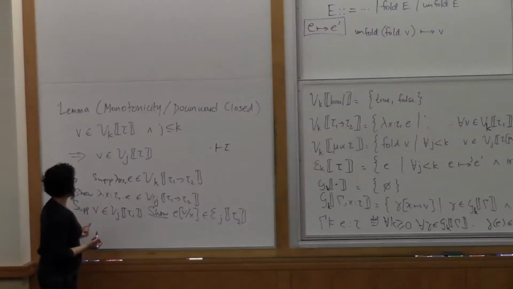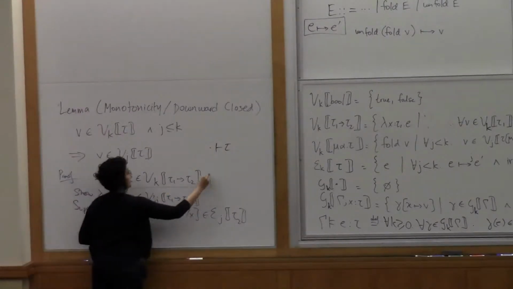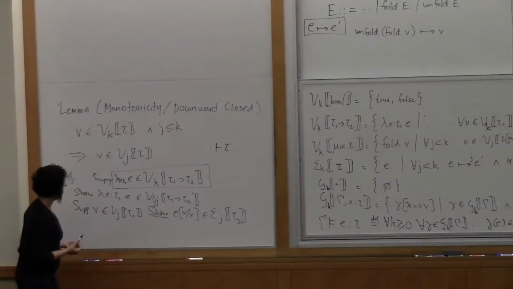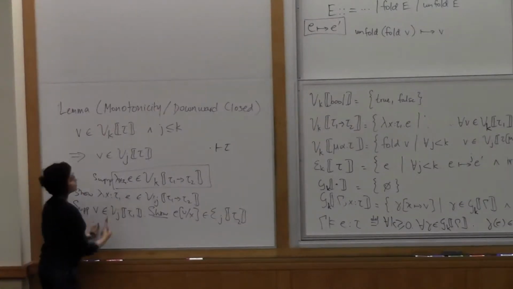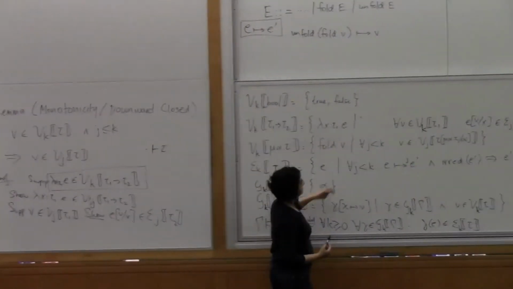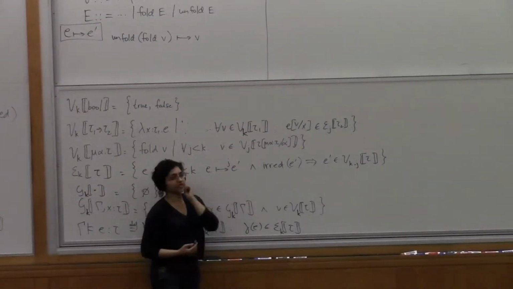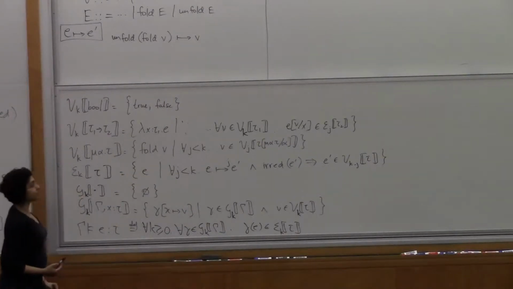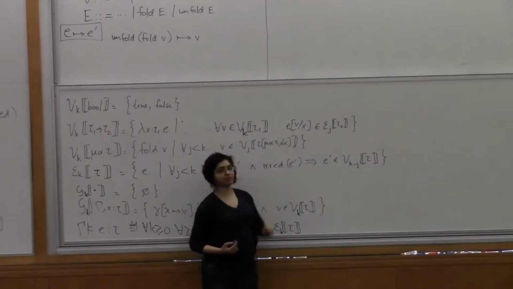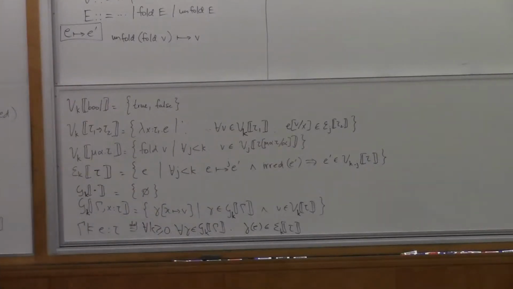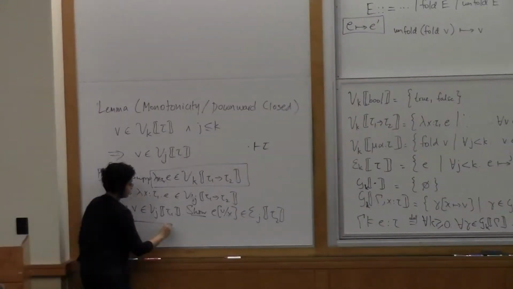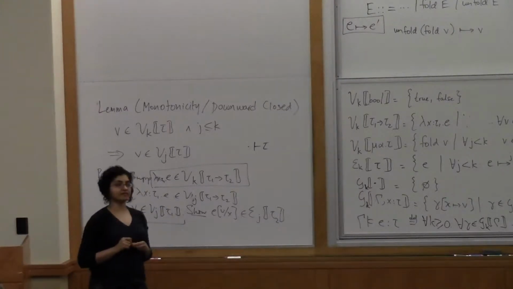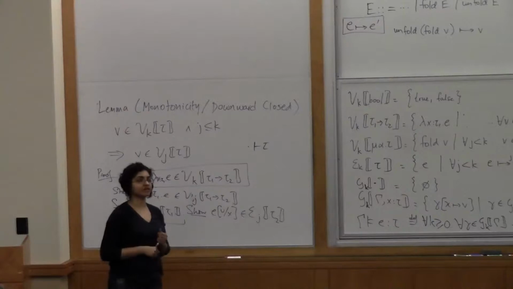Now, this is the fact we have starting out. Obviously, we're going to have to use it. So let's see if we can. In order to use it, that says that if you can give me a value that's good for k steps, then you can conclude something about the expression e with v for x. Now, the only value we have is this v right here, and it's good for j steps. j is less than k, so it's definitely not good for k steps.